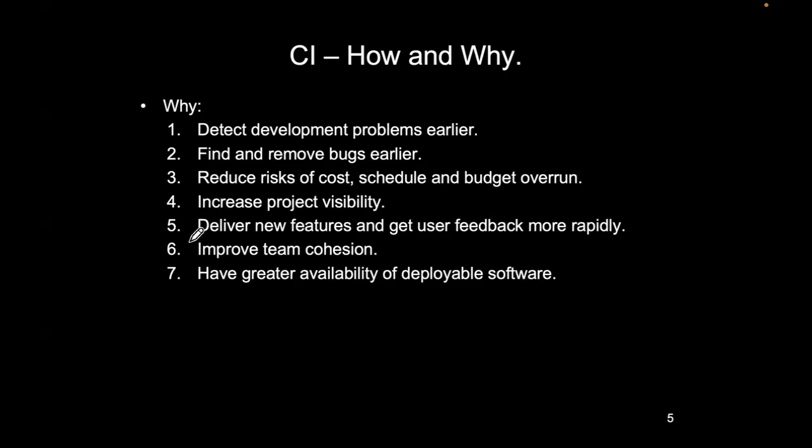Number six, improve team cohesion. That's okay. And number seven, have greater availability of deployable software. If your customer contacts you and says, "Can I get a look at the current state of the application that you are developing for me?" What you don't want in response is to say that we don't have anything that we can show you right now, but come back in 2 or 3 weeks' time and we'll try and have something.